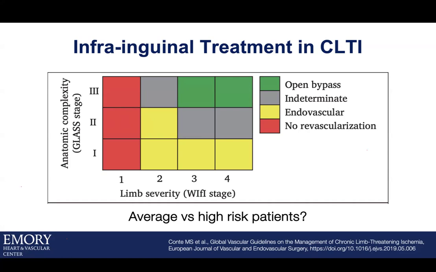If you have a patient with GLASS 3 here and limb severity is high, then open surgery is the preferred method. But if you have someone with GLASS 3 with GLASS 1, then endovascular usually is better. And remember, the GLASS 1 usually involves lesions that are shorter. GLASS 3 involves lesions that are really long with long CTOs.